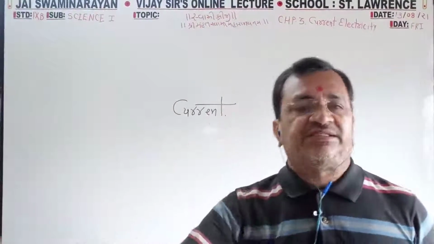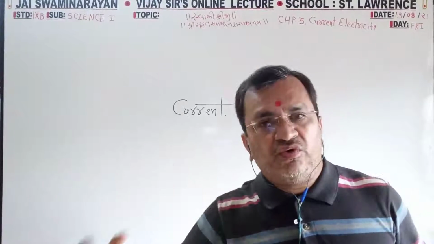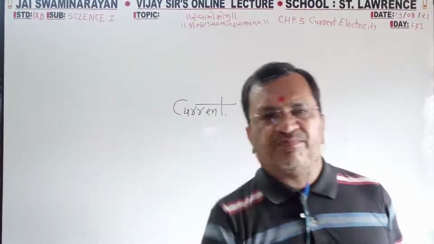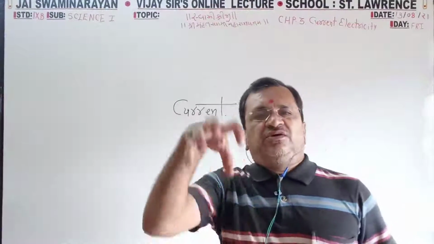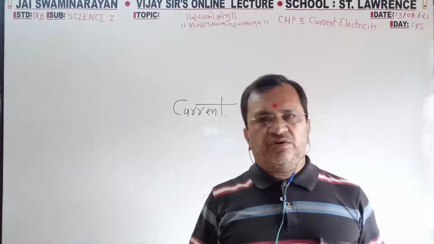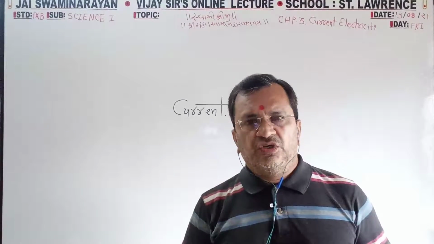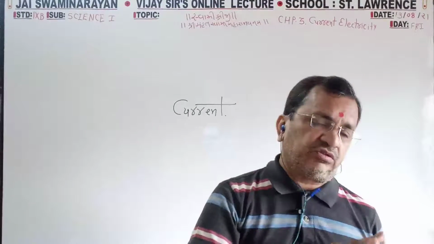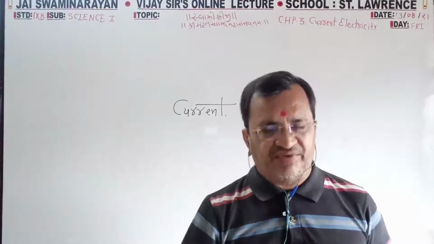Now the fourth example, current, flow of current. So see, each and every word is very important. Try to understand that word, then we'll go on to the main topic. Current can pass only through metal, not through non-metal. Why? Because there are free electrons.